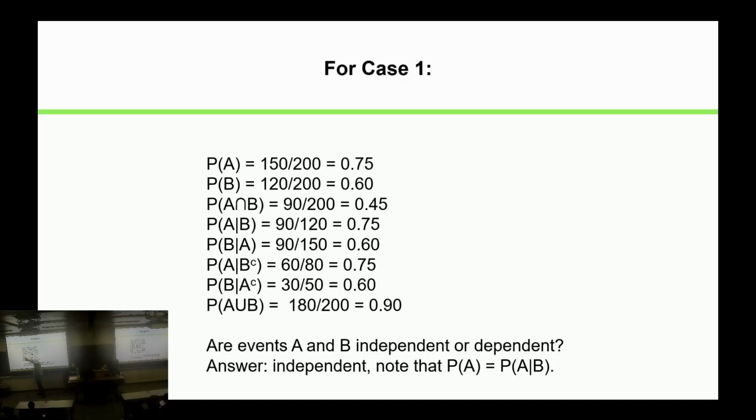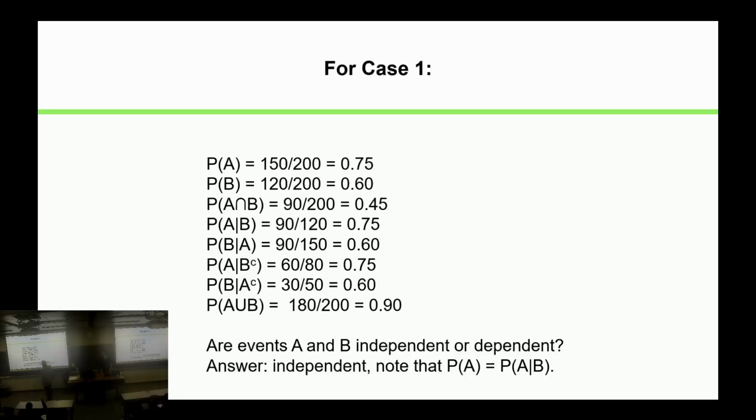In fact, if I looked at the probability of A given B doesn't occur, it's also 0.75. In other words, the probability of A does not change as we get this information of whether B occurred or didn't occur. There's no information provided by the occurrence or non-occurrence of B that tells us anything about the probability of A occurring.